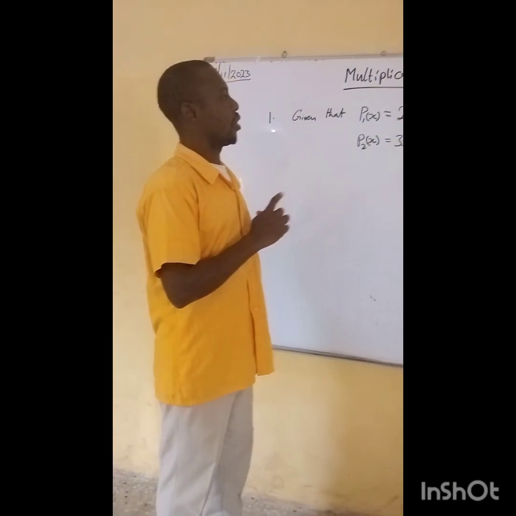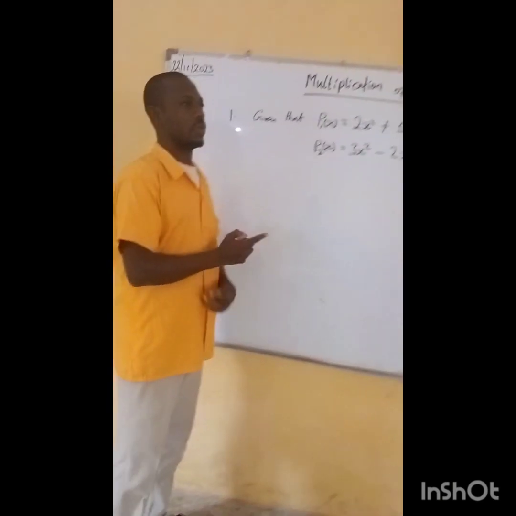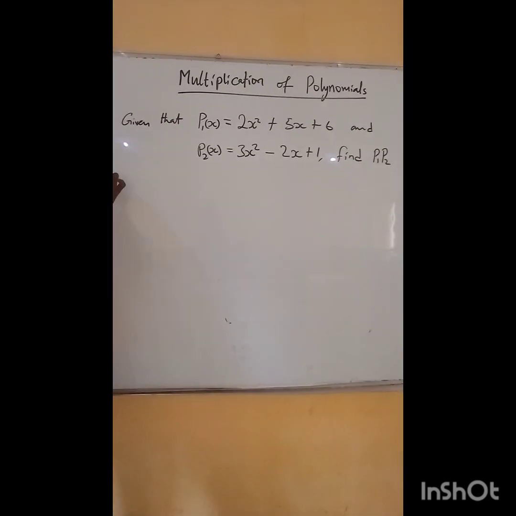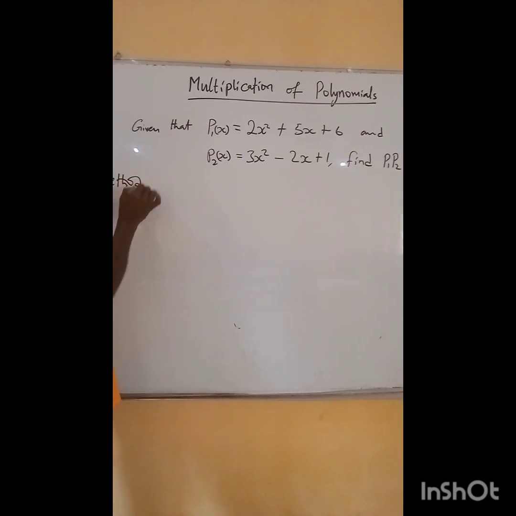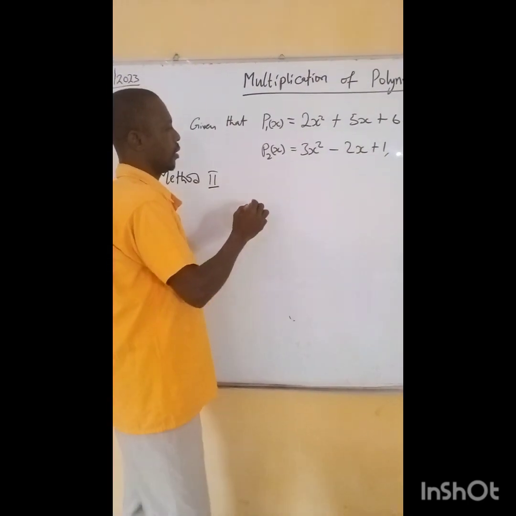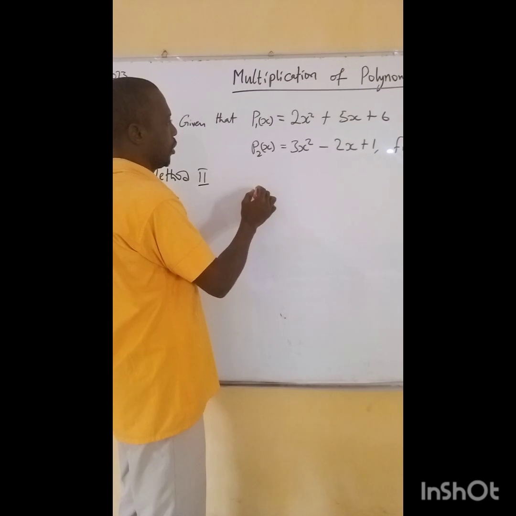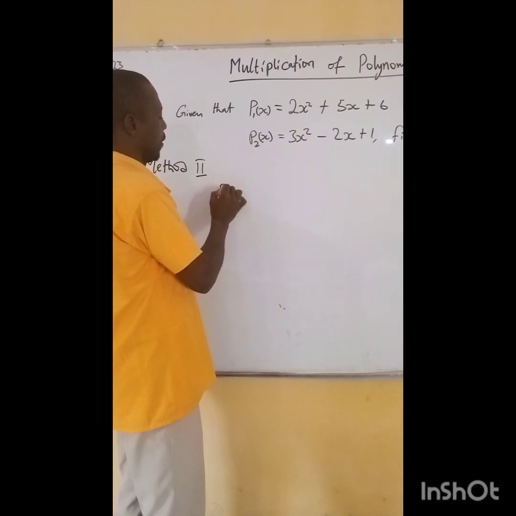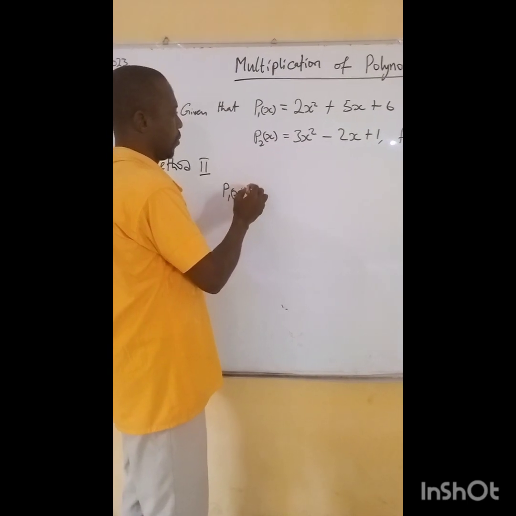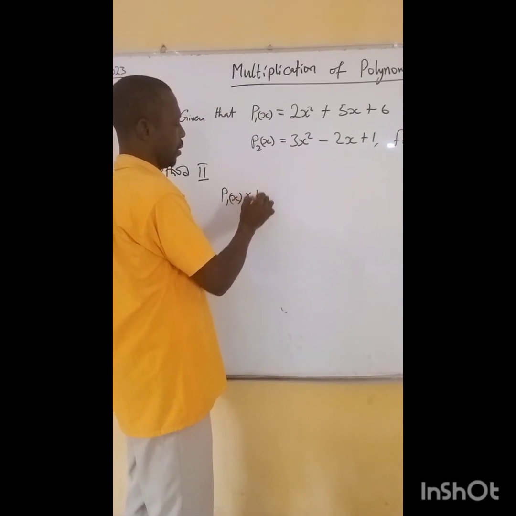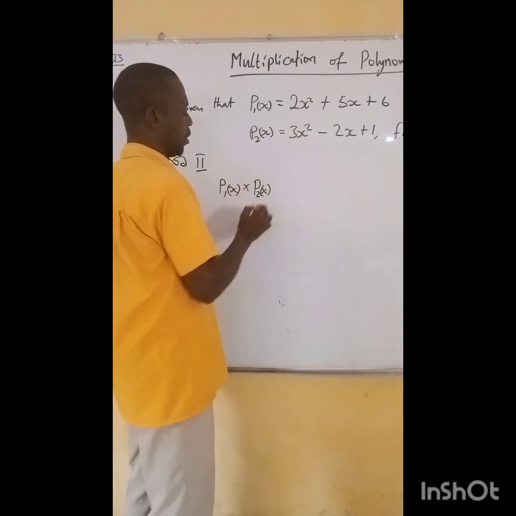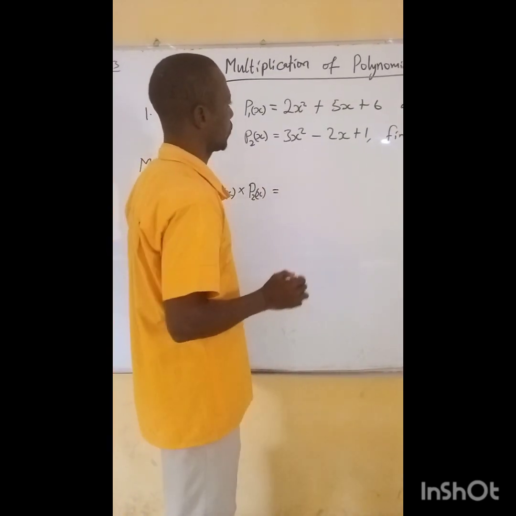We will be using the second method of multiplication of polynomials, method 2. In method 2, we multiply P1 by P2 this way.